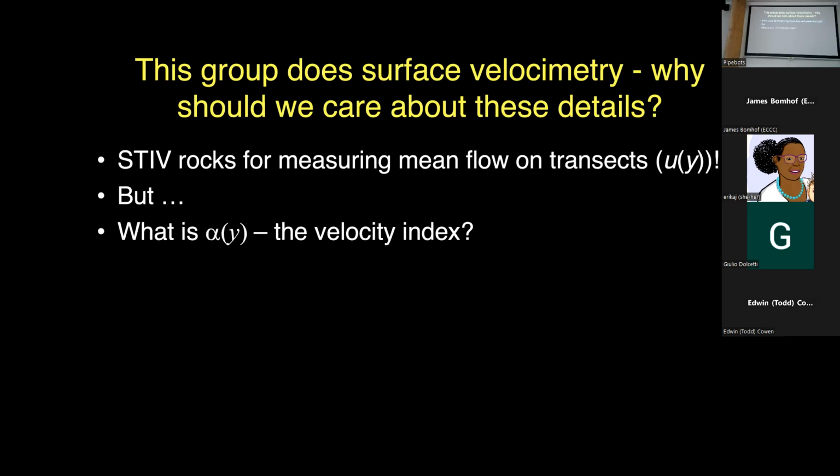But as has come up in over half the talks, what if we don't know alpha, the velocity index, and what if it's varying in Y? In these flood conditions, we see strong variation potentially in what the boundary layer is looking like as trees and shrubs get flooded, and we jump our channels, or if macrophytes start showing up, as the previous speaker mentioned, a huge problem in many of our shallow flow systems. We often don't know the bathymetry.